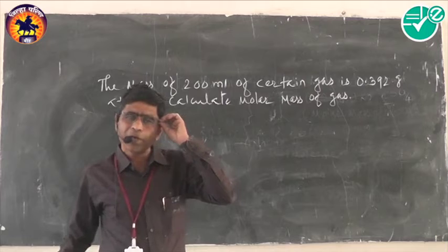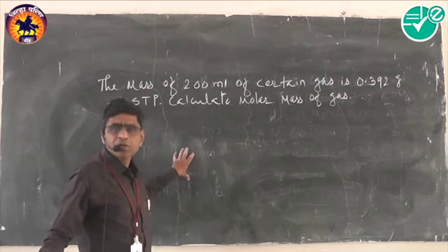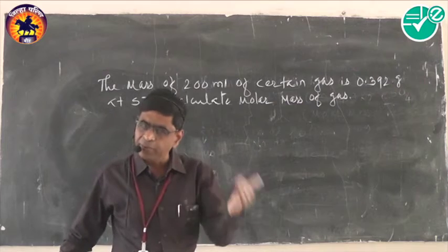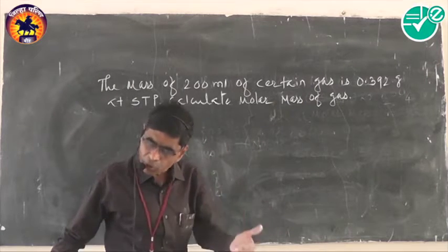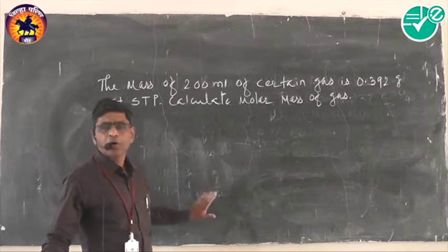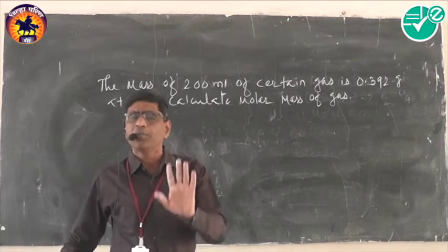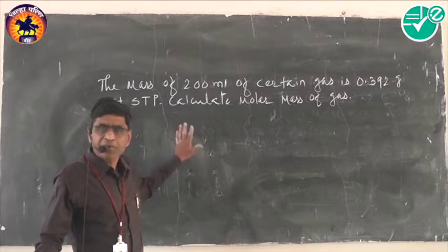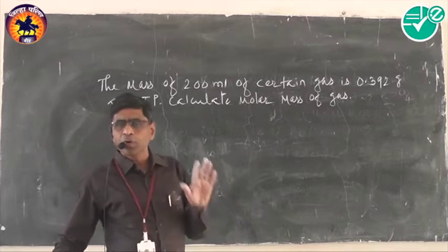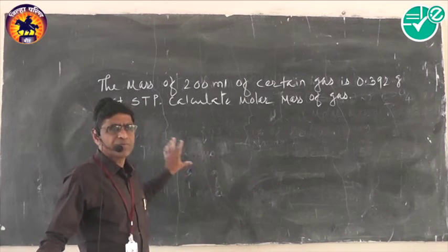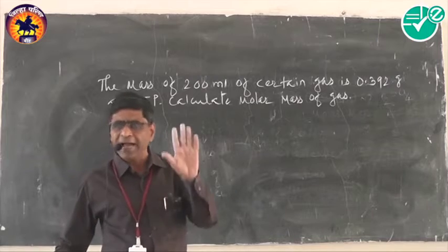Now this problem is related to the fourth concept of mole, that is gram molar volume and mole. What is gram molar volume? It is the volume occupied by 1 mole of gas. And you know that the gram molar volume of any gas is equal to 22.41 decimeter cube, or approximately 22.4 decimeter cube at STP.